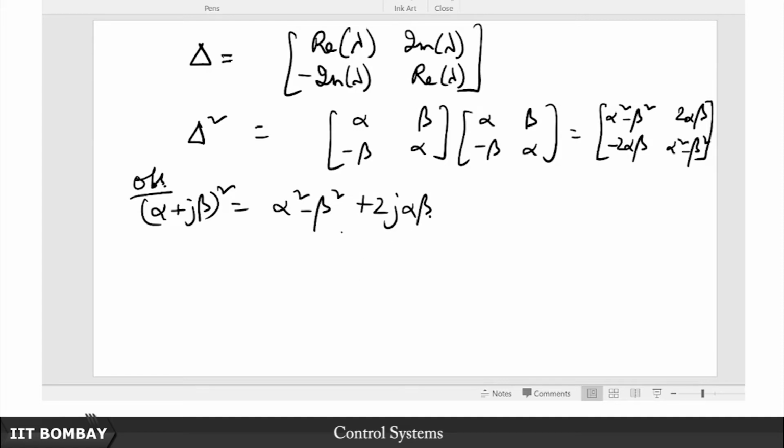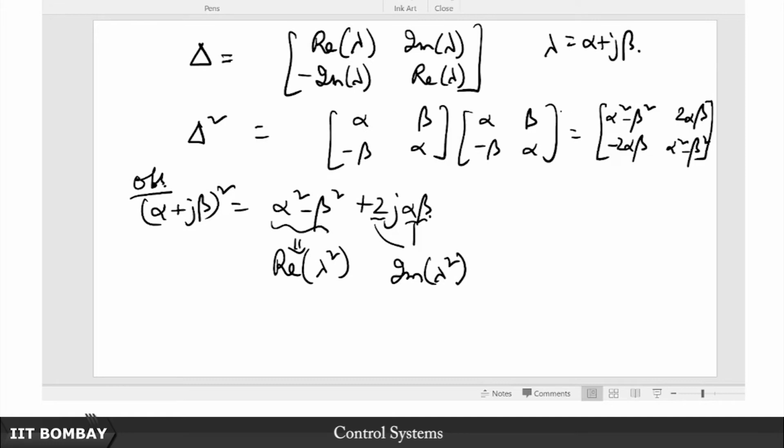So if that is the case, then this part is going to be nothing but the real part of lambda squared, and this 2 alpha beta, forget about the j, is going to be the imaginary part of lambda squared, where lambda is equal to alpha plus j beta, remember.